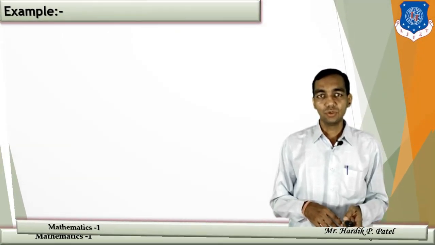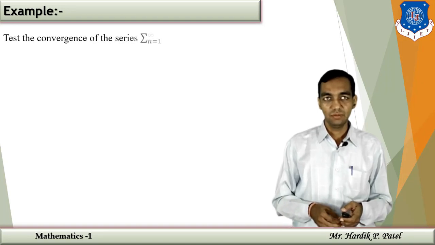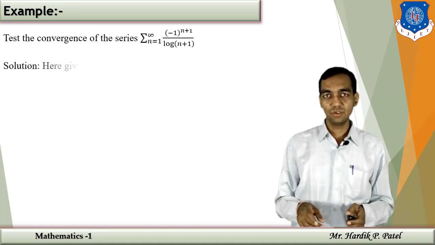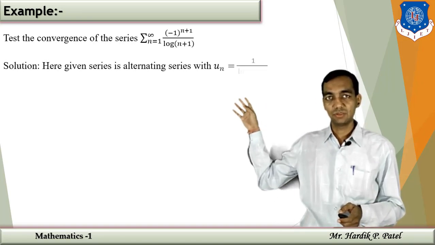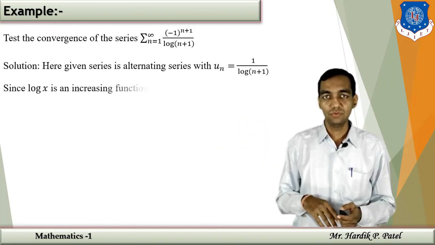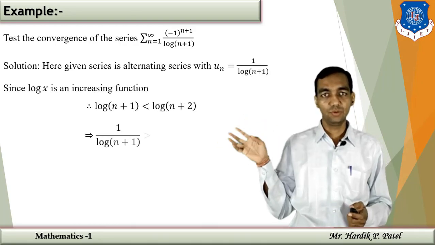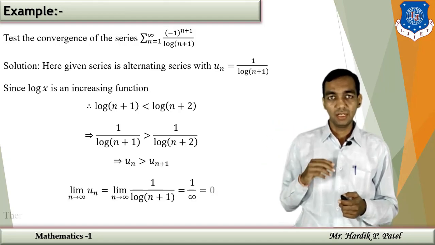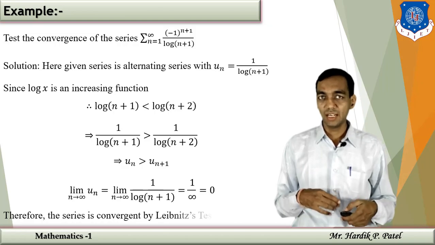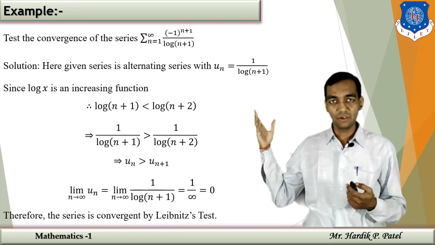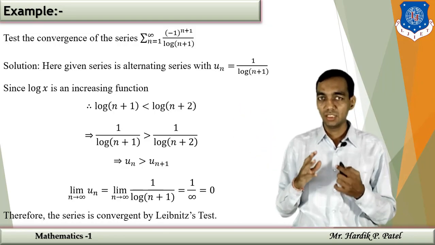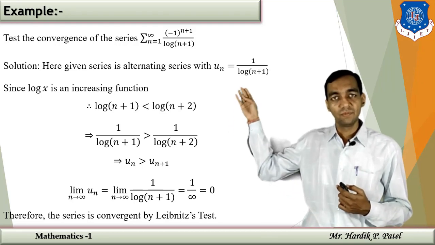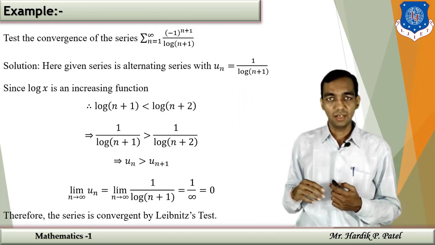Okay, so we are going to check out one example. Test the convergence of the series sigma (minus 1) raised to n plus 1 divided by log of n plus 1, where n is running from 1 to infinity. Now your un is 1 upon log of n plus 1, because we have an alternating series, so the power of minus is neglected. Only the positive term part is 1 upon log of n plus 1, correct?